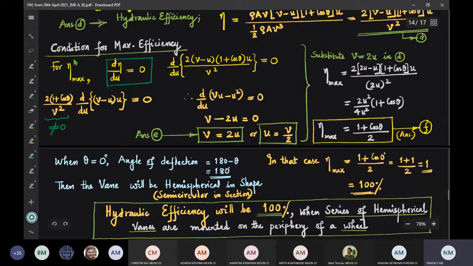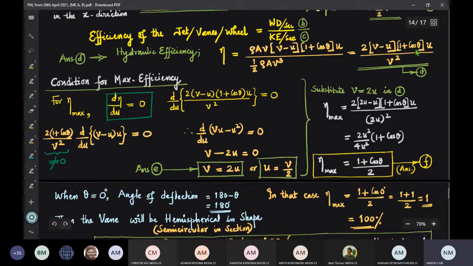And just like we have done in all the previous cases of moving vanes, in order to maximize efficiency, we take the derivative of this expression for efficiency with respect to the velocity of the vane and equate it to 0. So d eta by dU, eta representing the efficiency, we will find that derivative and equate it to 0. So d by dU of 2 into (V minus U) into (1 plus cos theta) into U divided by V squared.